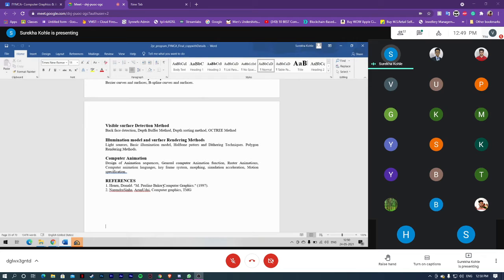I will give you those after teaching the algorithms. And you can refer to this book by Donald Hearn and M. Pauline Baker. It is a good book, the first reference book. In this you will get each and everything you want in computer graphics.